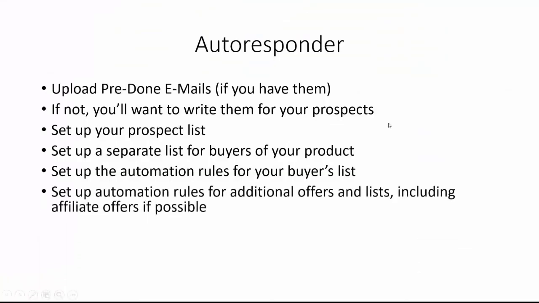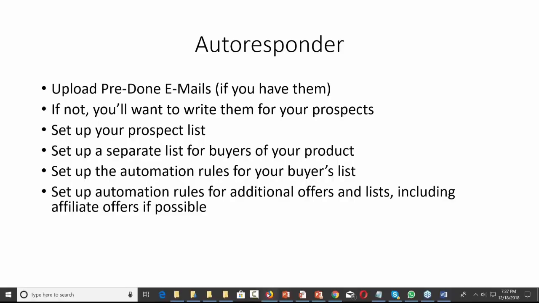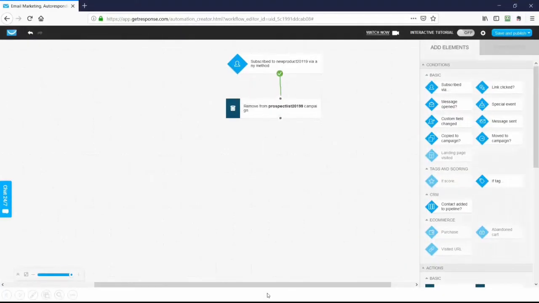Now, I have here, you want to set up automation rules for additional offers and lists, including affiliate offers if possible. Now, what do I mean by that? What I mean by that is you want to have people taken off the prospect list. You're going to do this as many times as you can. So in other words, anything that happens, you want to have someone removed from your prospect list when an action occurs.